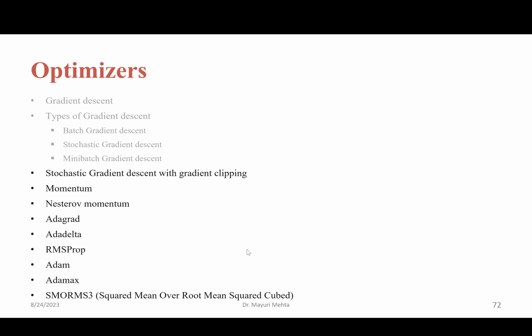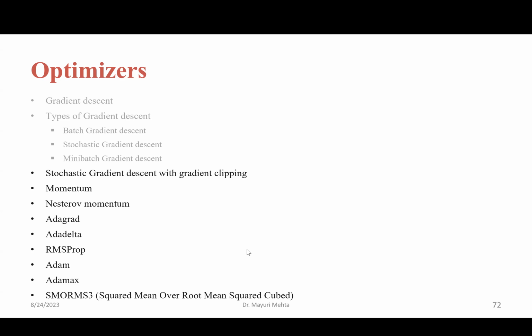This helps to prevent the exploding gradient problem, which can occur when the gradients become too large and cause the weights to update too much in a single step. Because if the gradient is too large, there would be too much update in the weights in one single step. To avoid that, this is required. So this is stochastic gradient descent with gradient clipping. You can go through it in detail by referring to more literature.